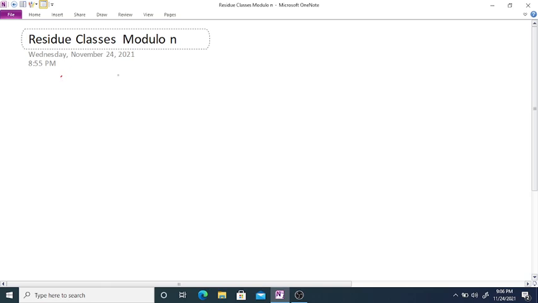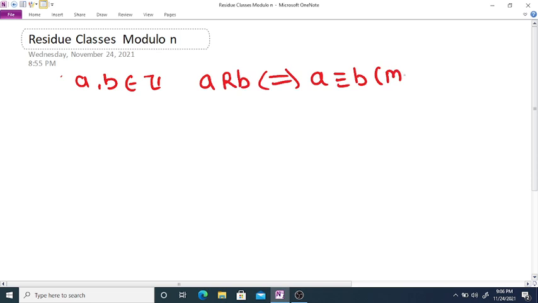Residue classes modulo n. Let a and b be any two integers, and define the relation a related to b if and only if a is congruent to b modulo n. Then the given relation R is an equivalence relation.